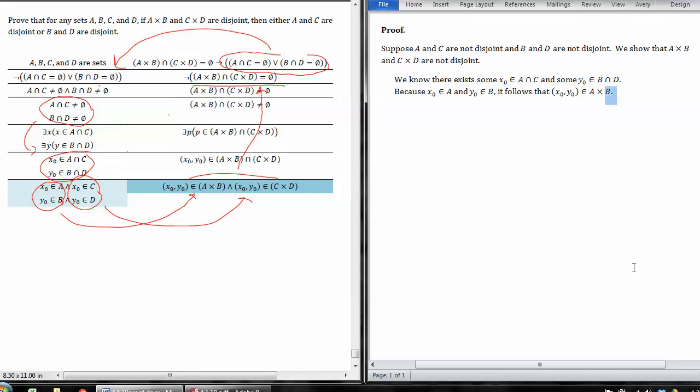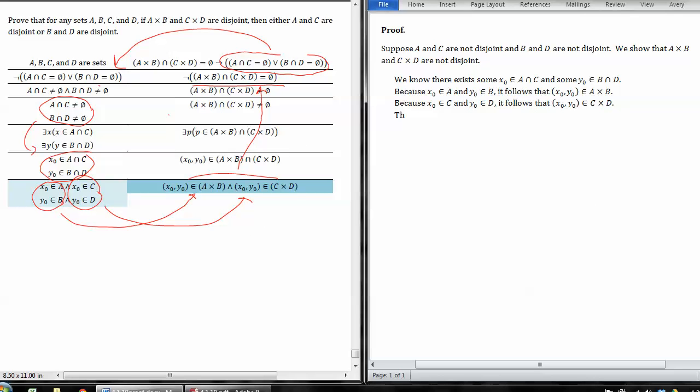And then I'm about to say the same thing, so let me copy and paste that. But this time I want to say, because x naught is in C and y naught is in D, it follows that this point is in C times D. Okay. And if it's in both of them, then you get back here and it's in the intersection.